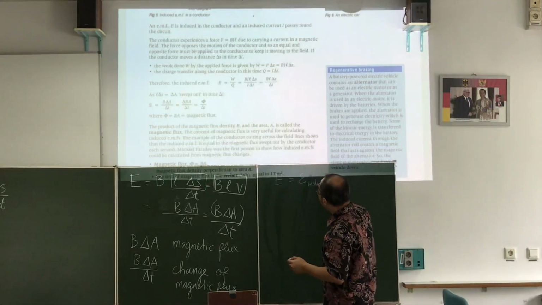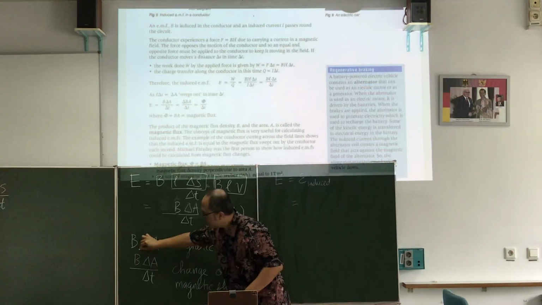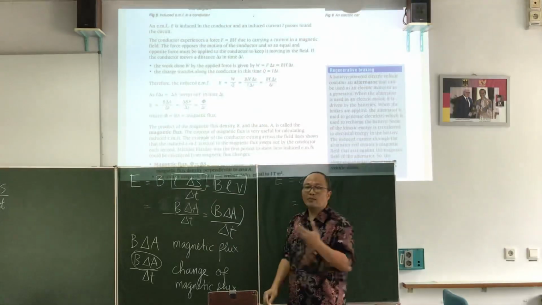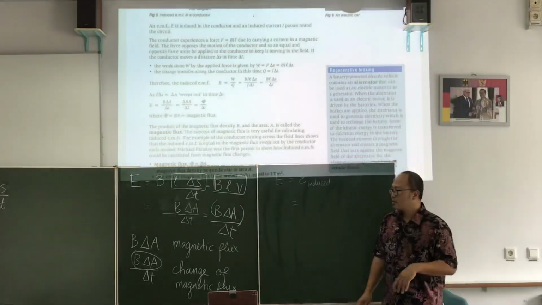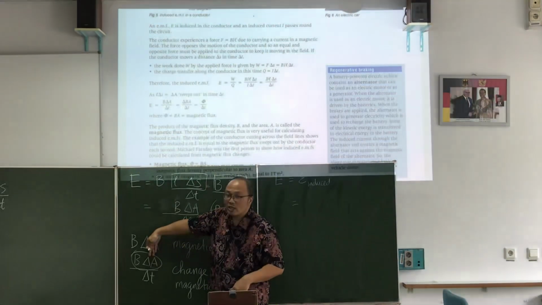Induced epsilon, induced EMF. It turns out after several research that it is not only B times delta A, where the change of magnetic flux happens because of the change of area.